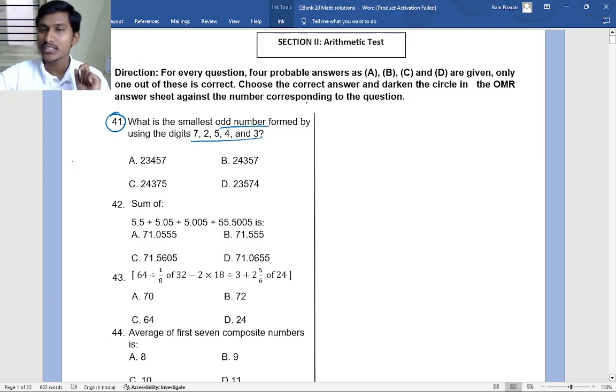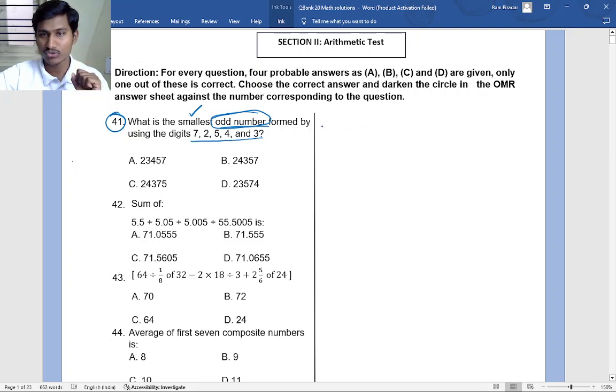You have to understand the question first, right? When you understand, you can do it easily. What they are asking is an odd number. Which odd number? The smallest odd number, right? Odd means the unit digit. How many digits are there if you count? 1, 2, 3, 4, 5.